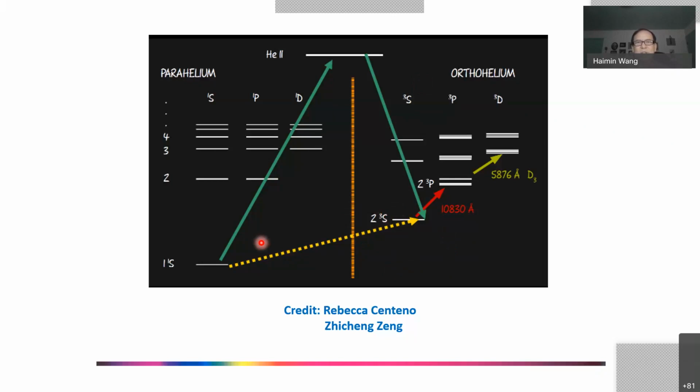And if the 2 electrons are in opposite spin, then your total spin is 0. So that's called a singlet. For helium, the default state is called parahelium. The 2 electrons are in the opposite spin state.